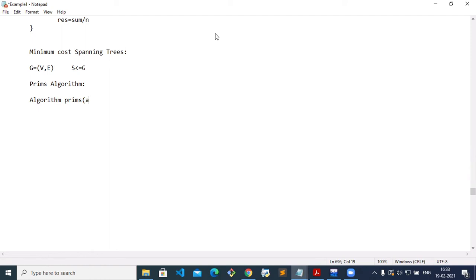Can anyone tell me what is A? Why am I passing an array? Or else I'm passing a cost. Why am I passing this cost? Can anyone please tell me?